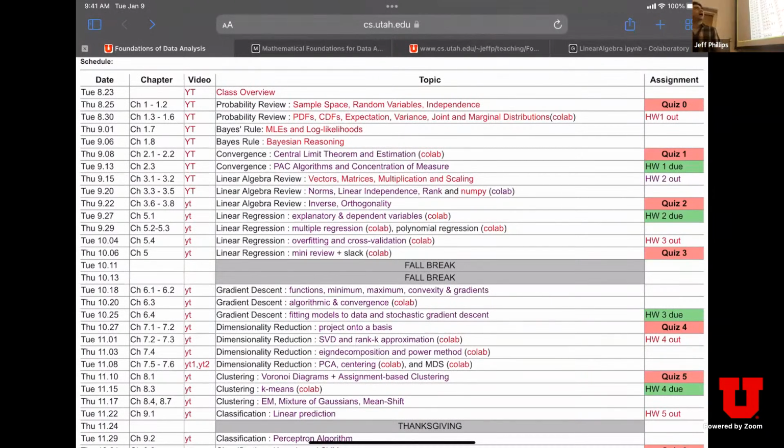This is the last part of the review lecture. We'll basically have the material to start doing the types of data analysis, and we will start with linear regression, and this will take us through the fall break. We'll start with linear regression on Tuesday.